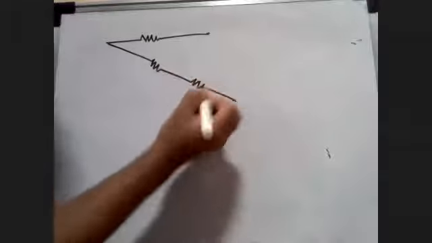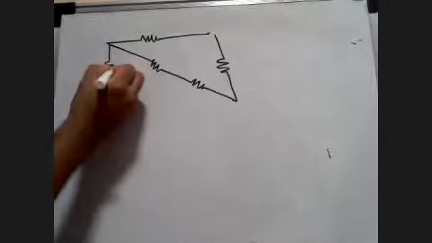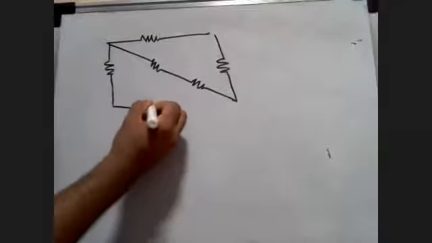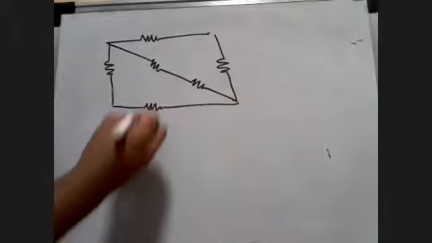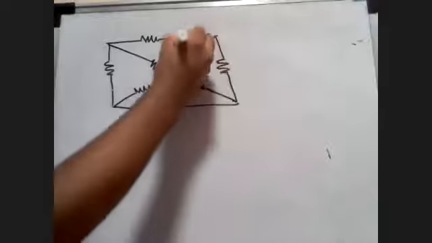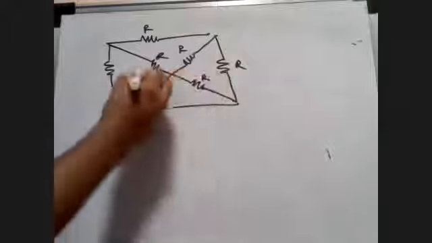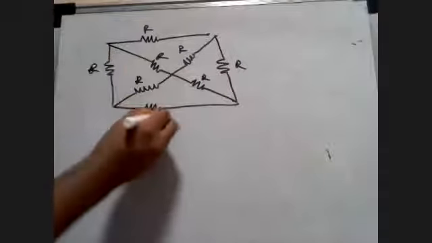Let's say there is a resistor here, a resistor here, another one here, and another one here. All the magnitudes of all the resistors are R, capital R.